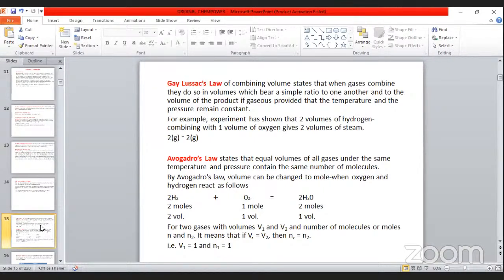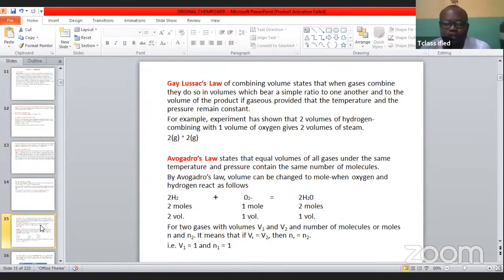An example is that experiment has shown that 2 volumes of hydrogen combining with 1 volume of oxygen gives 2 volumes of steam. So you can see the relationship between the volumes that are combining and the volume that is formed. We have 2 volumes of hydrogen combining with 1 volume of oxygen to produce 2 volumes of steam, not producing like 1,000 volumes of steam.